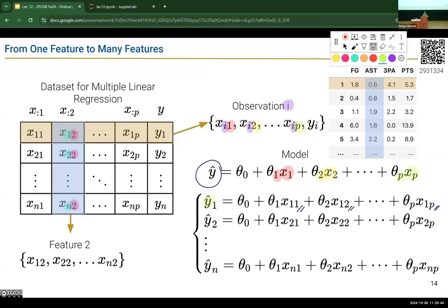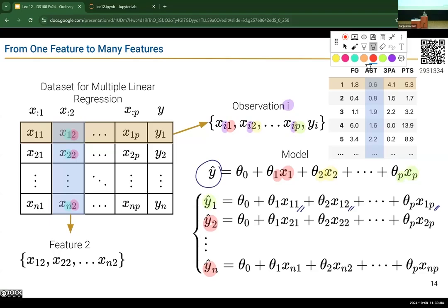I can follow exactly the same thing and get the prediction for observation 2 and then all the way to the prediction for observation n. So that's how we should think about combining all of those features for different observations in order to get all the predictions that we have.